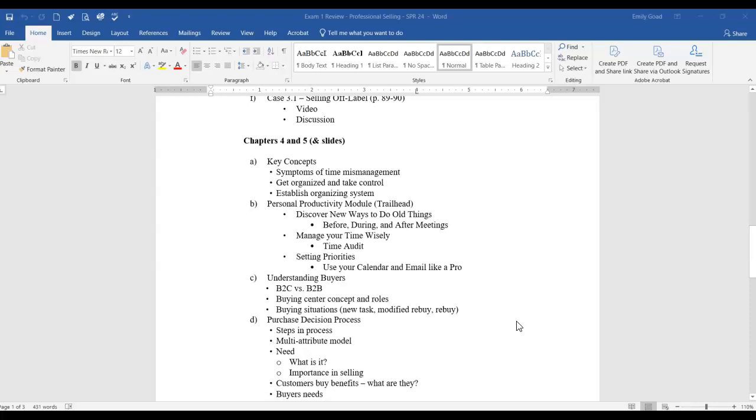Chapter 4 is time management. So the only things from your text are those key concepts. And then go back to that Trailhead module and look at those specific things that I have highlighted here in that personal productivity model.